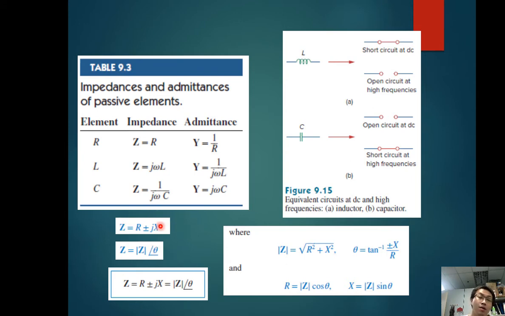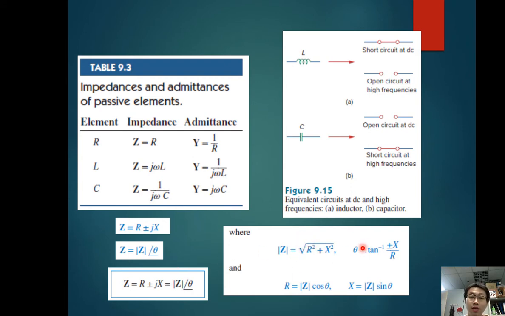So we can write our impedance Z equals R plus minus jX. And then it can also be turned into polar form, where Z equals the magnitude of Z with the angle theta. As a summary, Z equals R plus minus jX, where the magnitude of Z is the square root of R squared plus X squared.